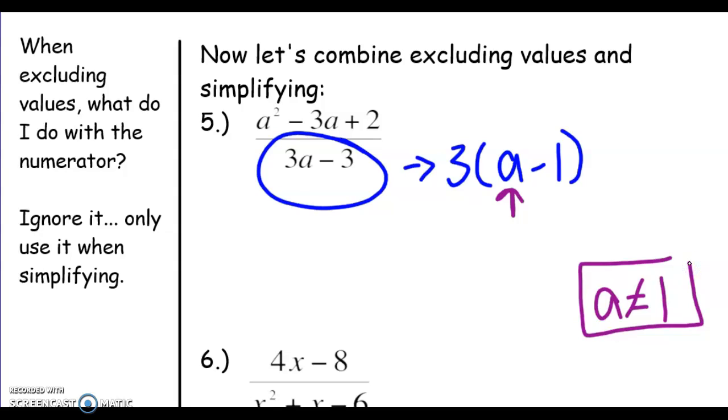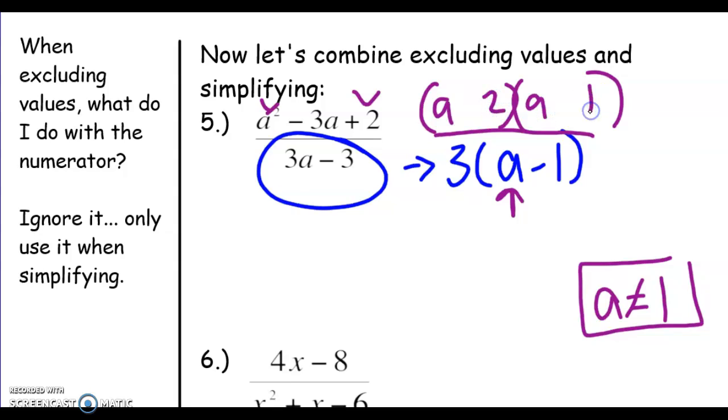Now, that's the excluded value, but let's just practice simplifying real quick because it's good for you. Look up here. a squared minus 3a plus 2. Well, what happens there? I get a and a, 2 and 1, minus minus.